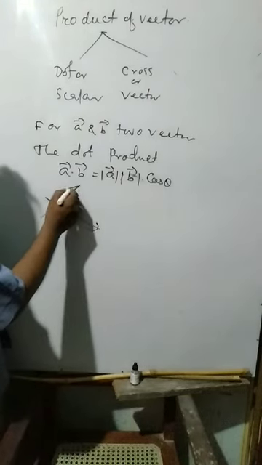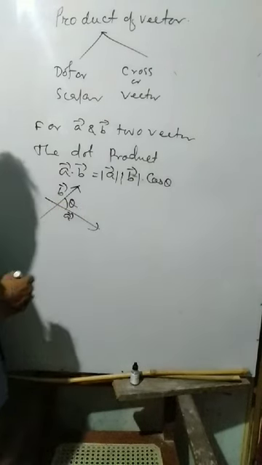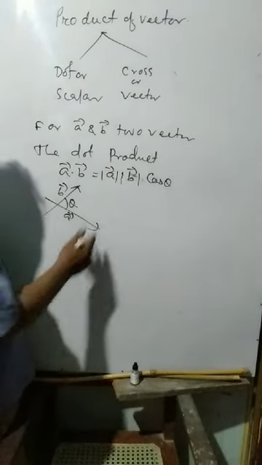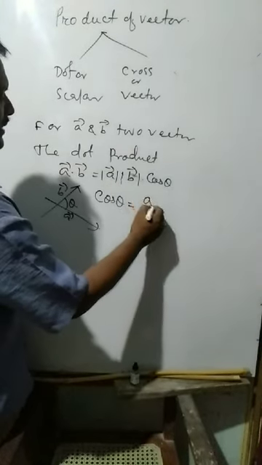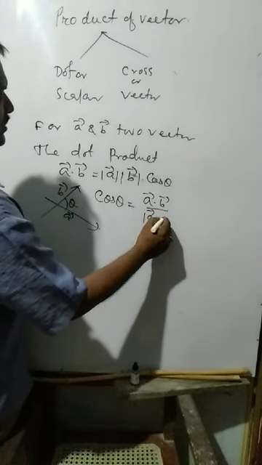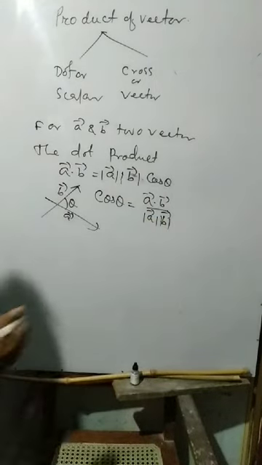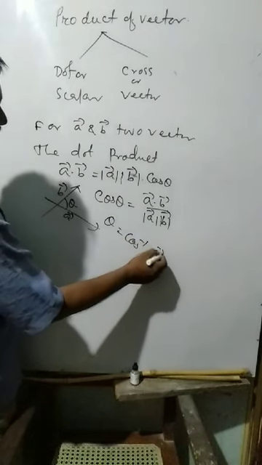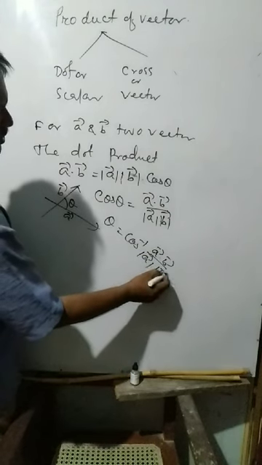Here suppose two vectors are there, this is the A vector and this is the B vector, and the angle between them is theta. So cos theta equals A dot B by A magnitude into B magnitude. So theta equals cos inverse of A dot B by A magnitude into B magnitude.